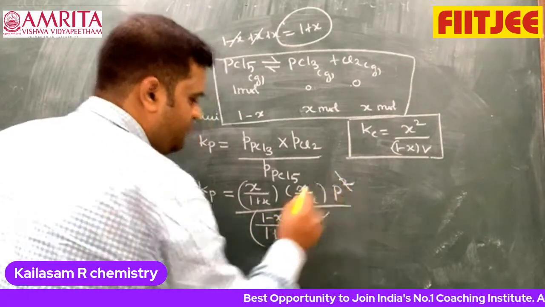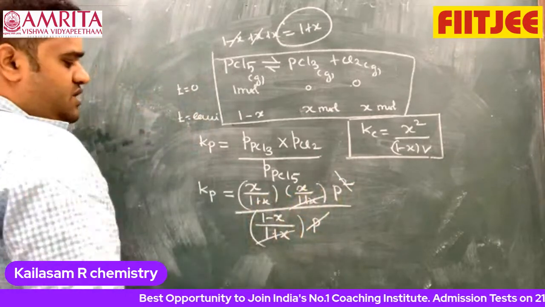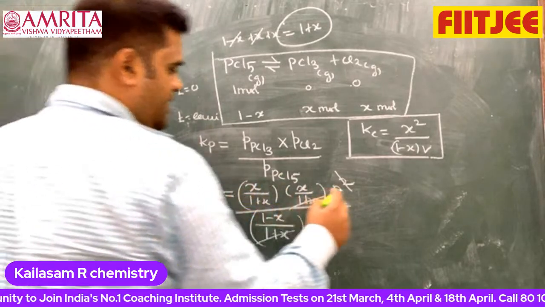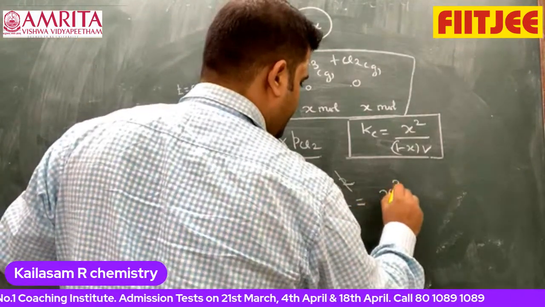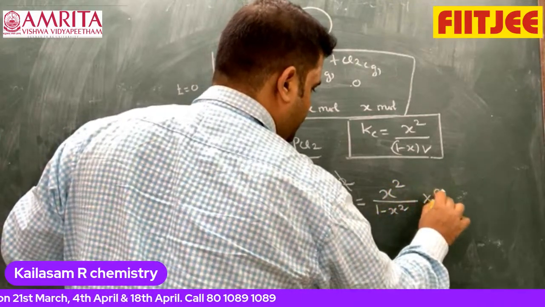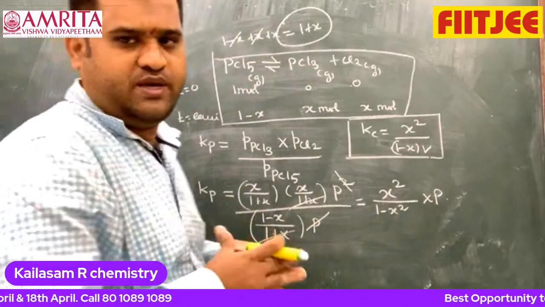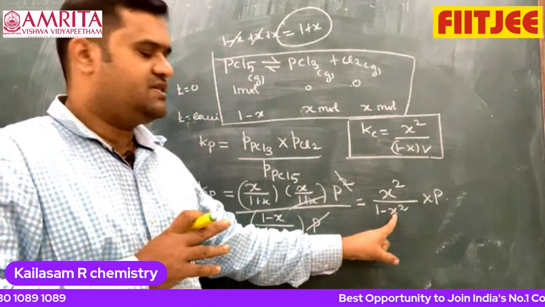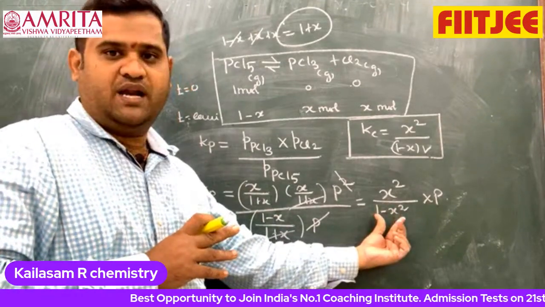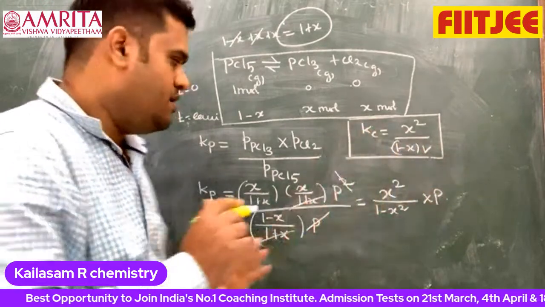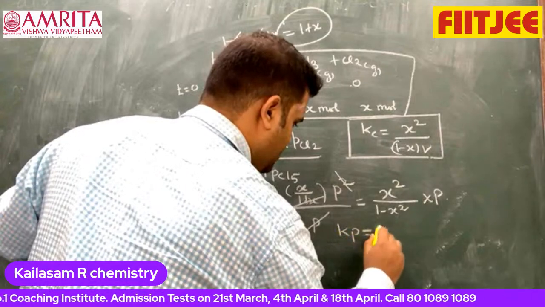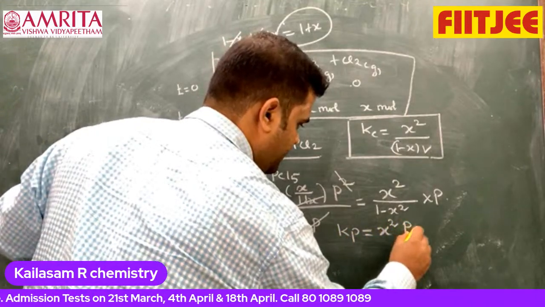The 1 plus x terms cancel, giving x squared by (1 plus x)(1 minus x), which is x squared by 1 minus x squared, times P. Now let us assume that the degree of dissociation x is very small compared to unity, so I can neglect it and take 1 minus x squared as approximately 1. Therefore Kp equals x squared times P.